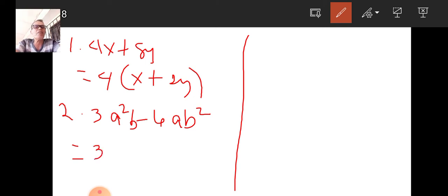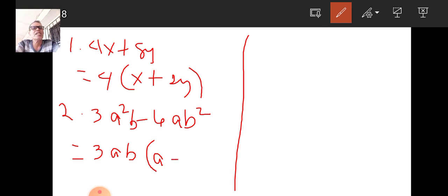The common factor of a and a squared is a. The common factor of b and b squared is b. Then divide. 3 divided by 3 is 1, so no need to write 1. A squared divided by a is a. B divided by b is 1, so no need to write 1.